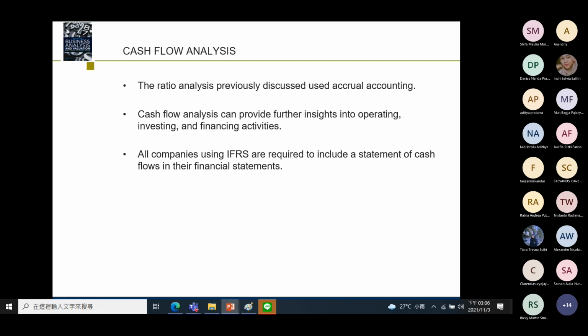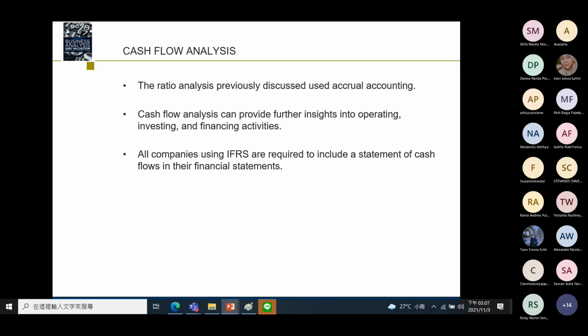You may recall from Chapter 3 that profit or loss differs from operating cash flows because revenue and expenses are measured on an accrual basis. There are two types of accruals embedded in profit or loss. First, there are current accruals like credit sales and unpaid expenses.